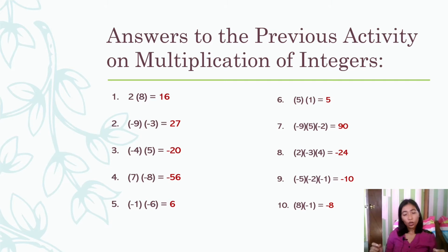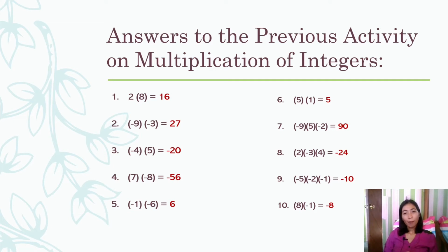You could also just count how many negatives there are. Since there are 2 negatives among the 3 factors, when you multiply them, the result will be positive. So the answer will be 90. 9 times 5 times 2, that is 90.